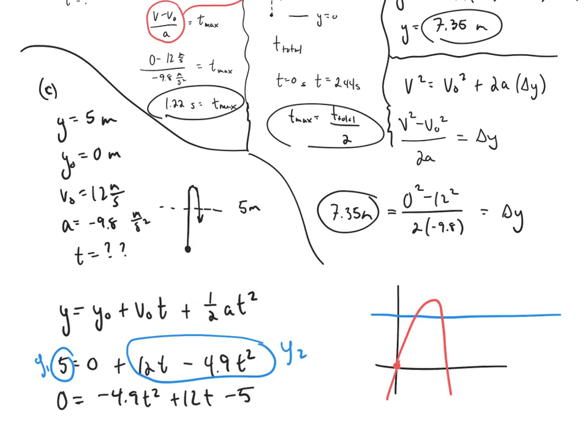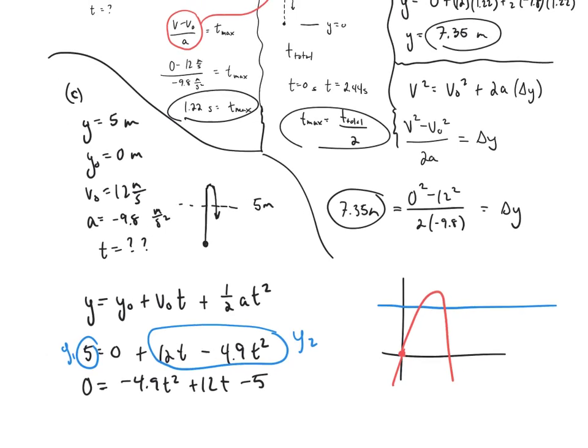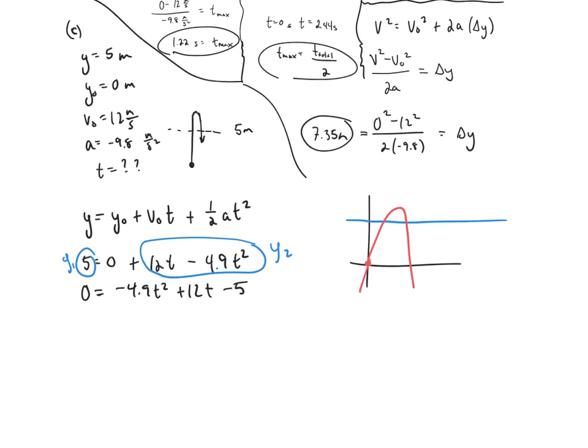This is going to be y2 in red, y1 is in blue. If you find these two intersections, it's the same answer you'll get as finding the zeros of this function down here. So that's one way to do it. Or you can find the zeros of this function instead. The zeros of that function are going to look like this.